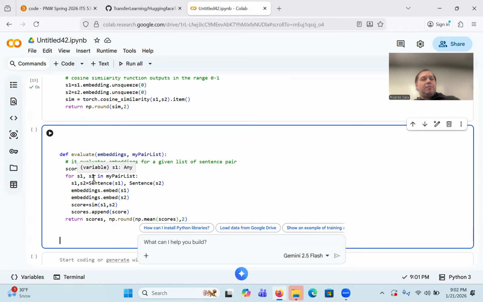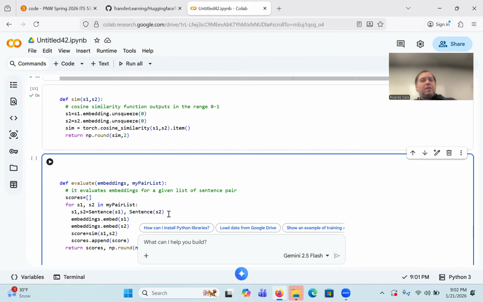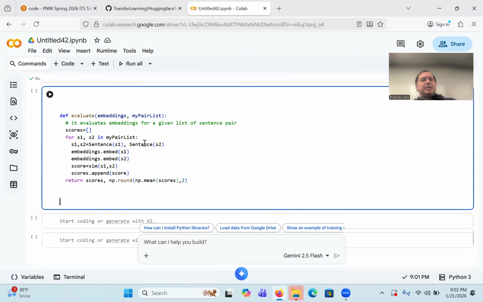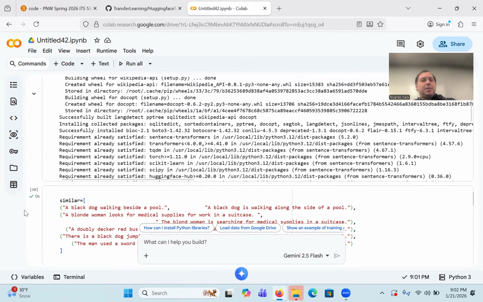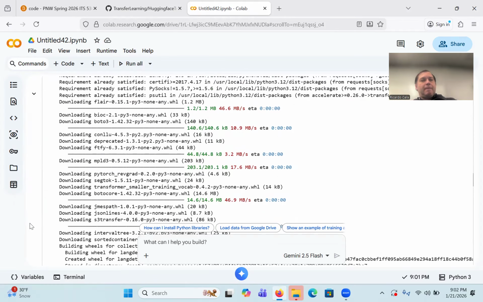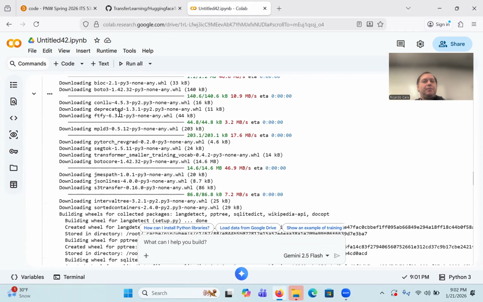So for S1 and S2 in my pair list, we grab sentence 1 and sentence 2, right? And this sentence here is a library from up here. Yeah, so from Flair, right? So it'll take the sentence and format it.